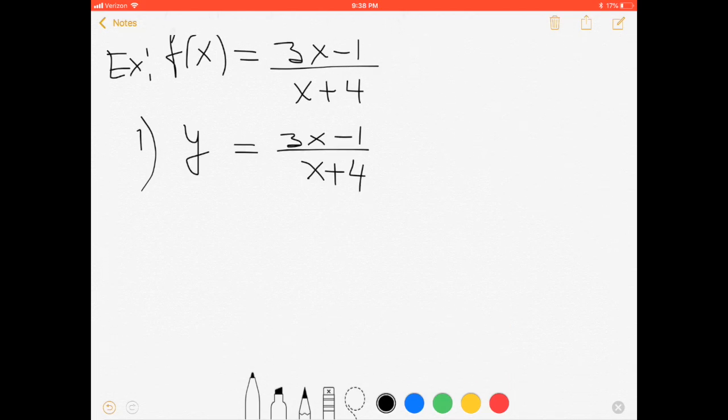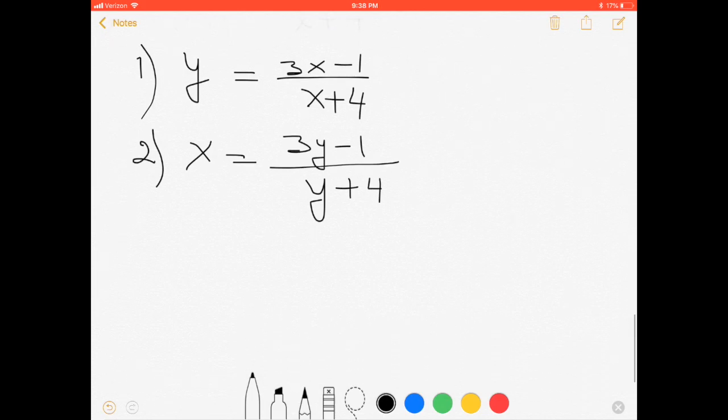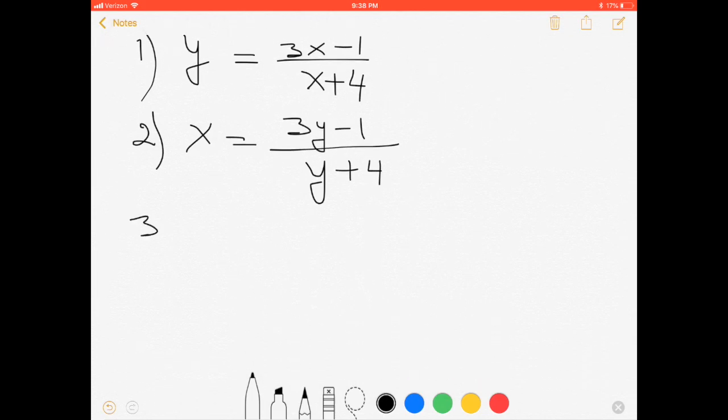Second step, we don't think about anything, we only switch: where you have x, you write y, and where you have y, you write x. So x equals 3y minus 1 over y plus 4. Third, solve.